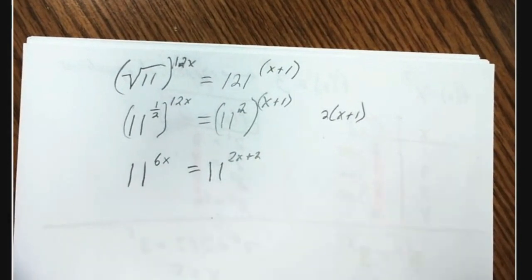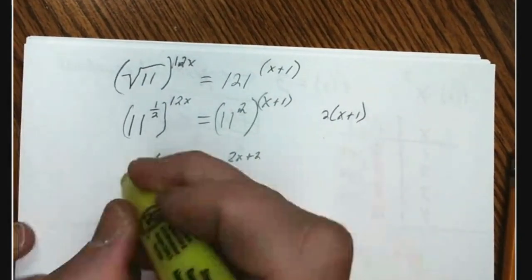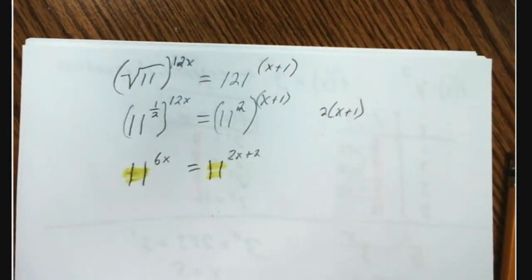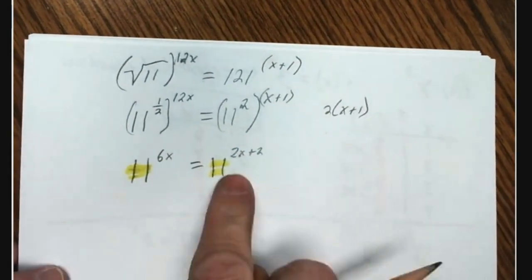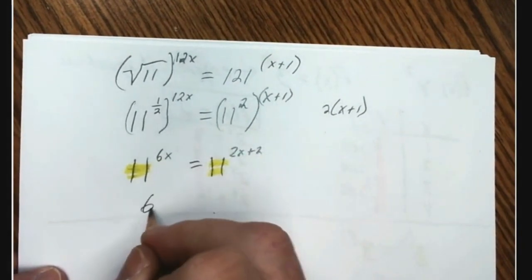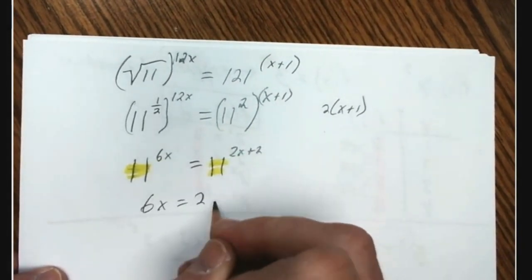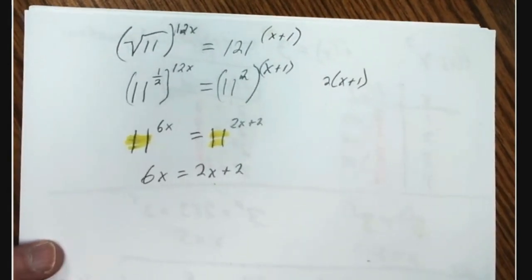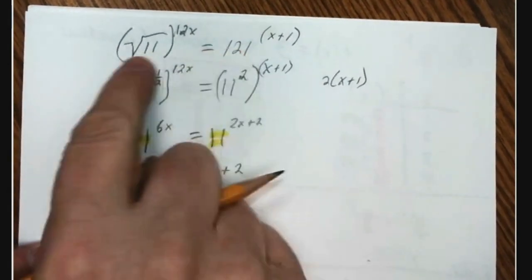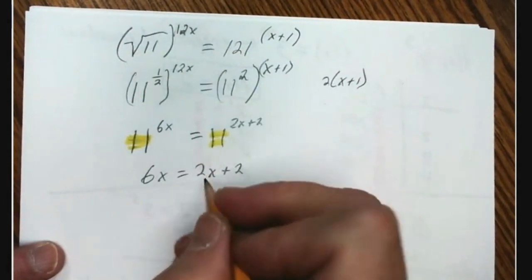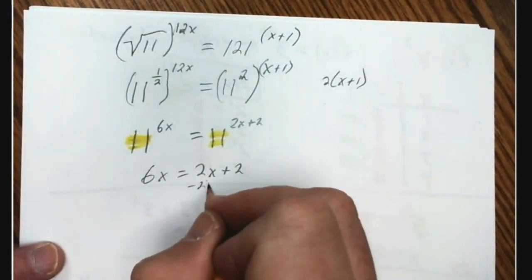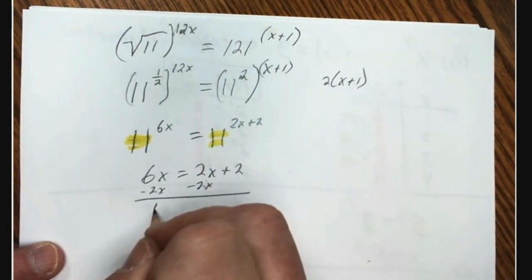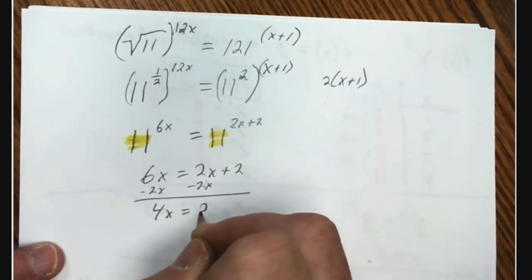So now we have the same base. Base 11. And when you have the same base, you can drop the base and just set the exponents equal to one another. So now what started off looking really nasty is coming down to some pretty simple algebra. 4x equals 2.